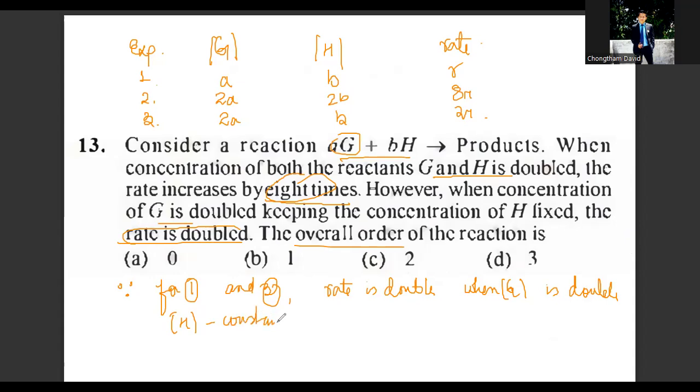This is the condition. So what can we say from this? Rate is going to be proportional to G. That means x equals 1.